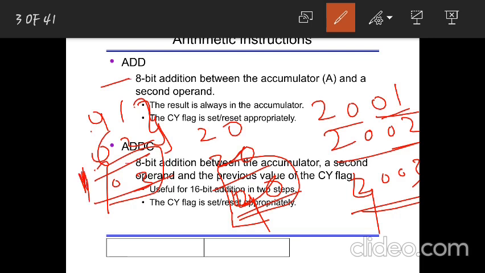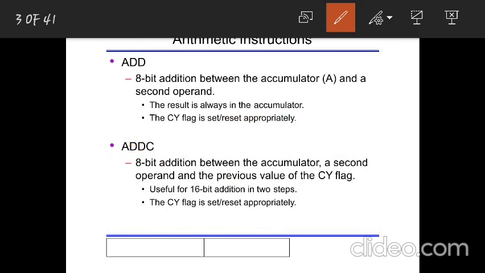So that time it will add 20 plus the carry. In that LSB it will take this carry also. So this carry is added in the second addition for 16-bit addition. In this case you will write ADDC, this instruction, in that case.